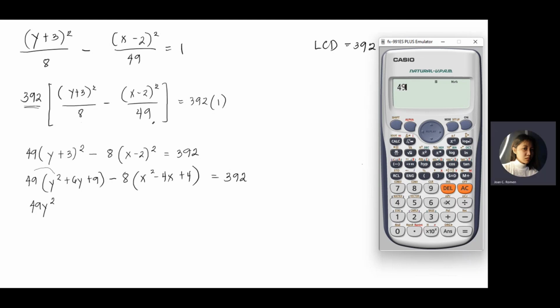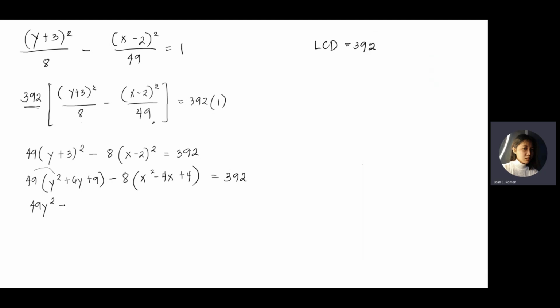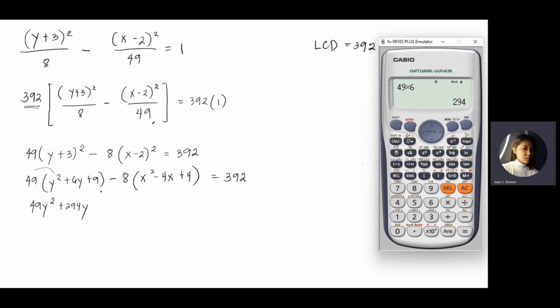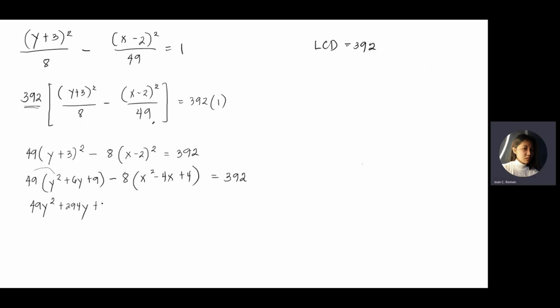Ayan. So 49 times 6 is 294y. So plus 294y. And 49 times 9 is equal to 441. So plus 441.